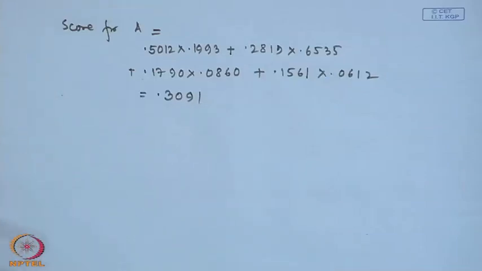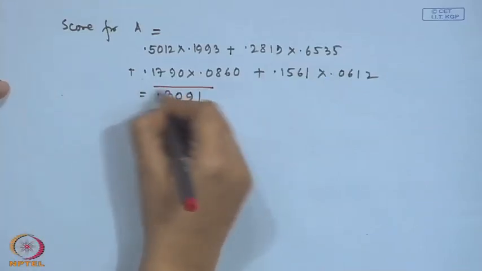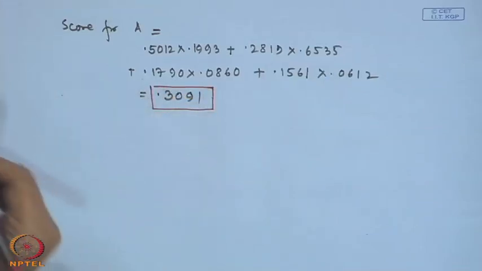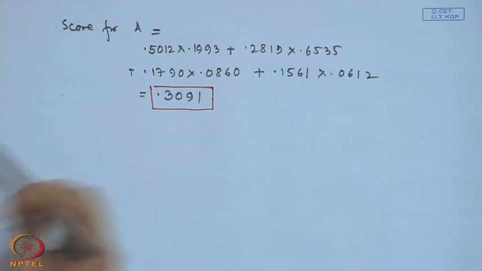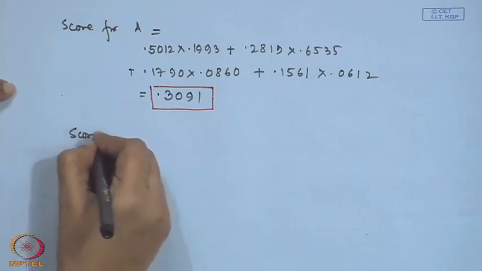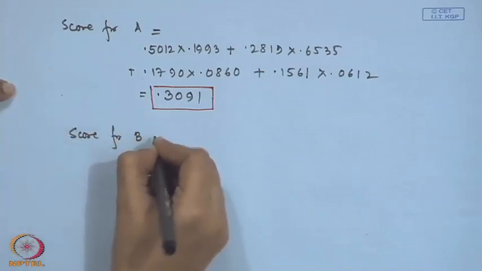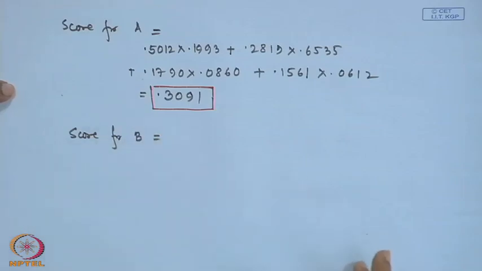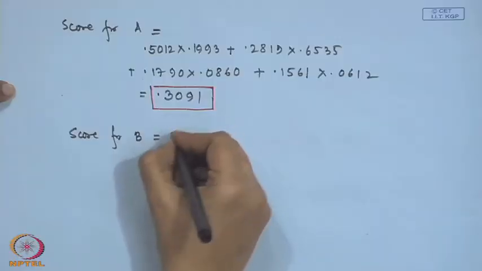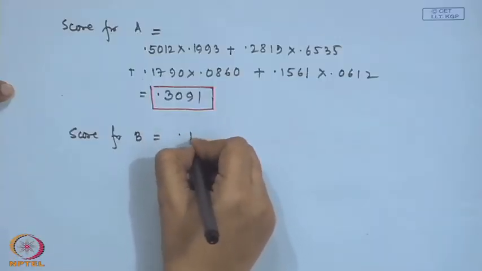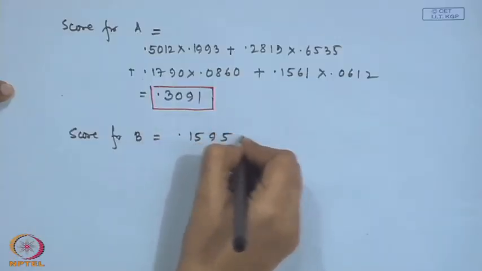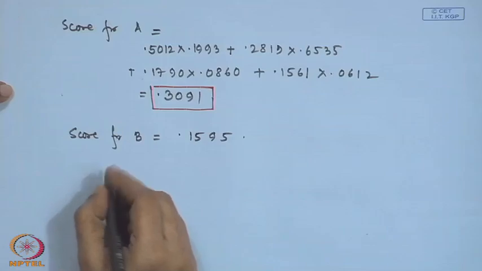This is the overall score for A. Similarly, we can get the score for B by multiplying the second row of the previous matrix with the column, that is the priority vector of the criteria. We will get the score for B as 0.1595, and then the score for C.